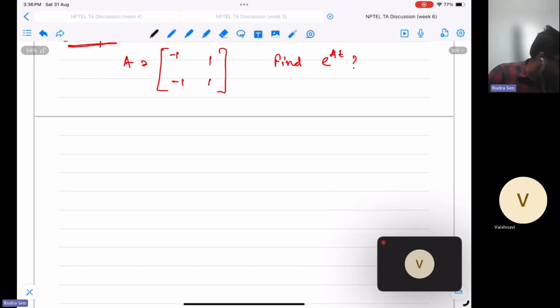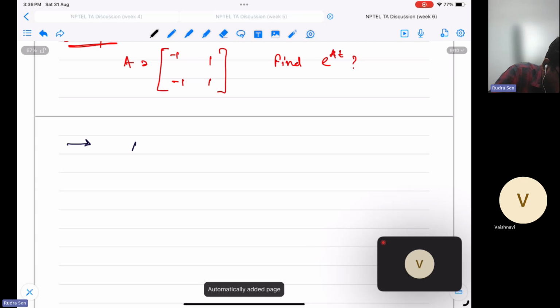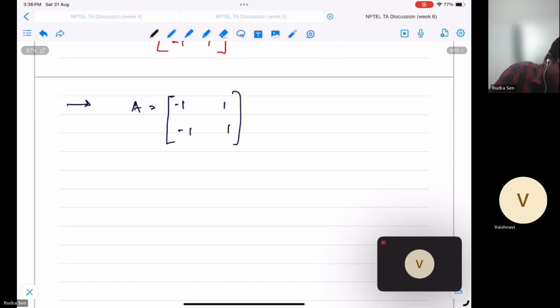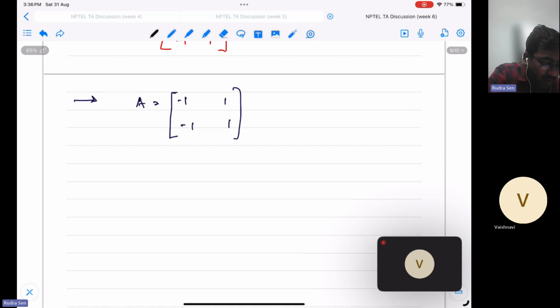For that case, what should you do? You first find out the eigenvalues of this matrix, right? As you see over here, by checking this matrix without doing anything, you can say one eigenvalue, because you see that these two rows are equal.